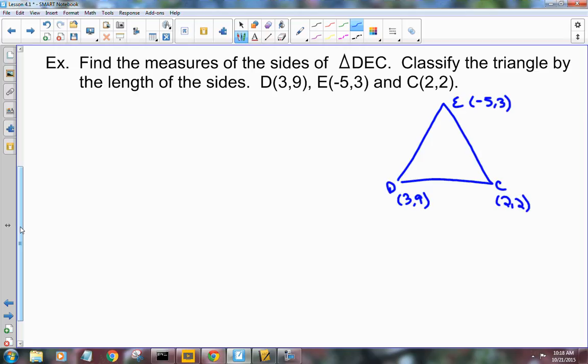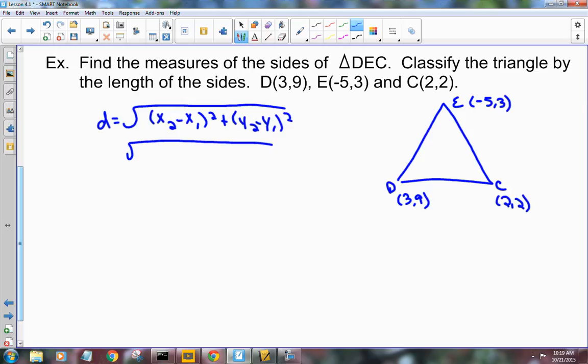Okay, so remember the distance formula is x2 minus x1 quantity squared plus y2 minus y1 quantity squared. Okay, so let's do DE first.